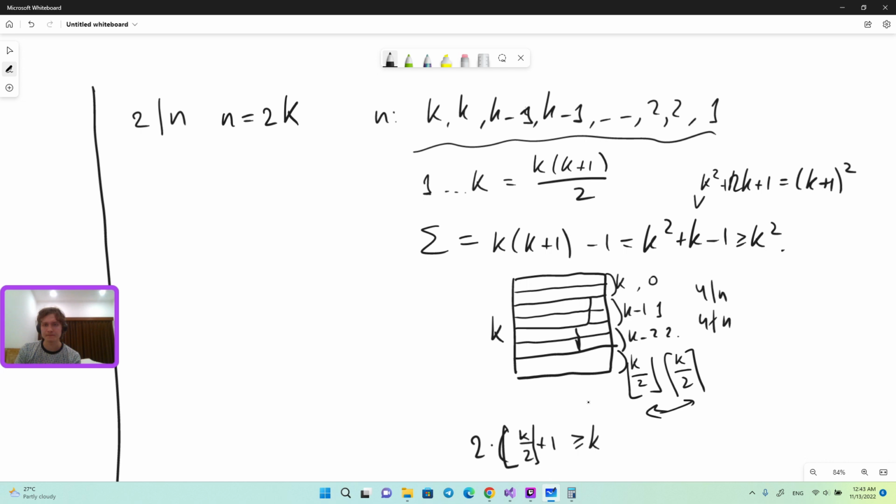The second case is when these two numbers are equal. In this case, we cannot put them in different lines. We have to compose one line with them.